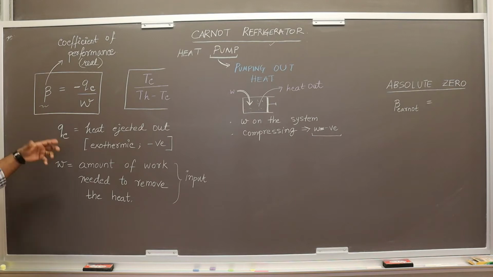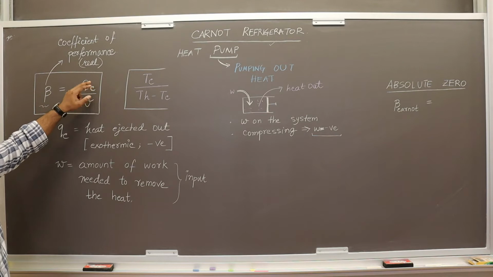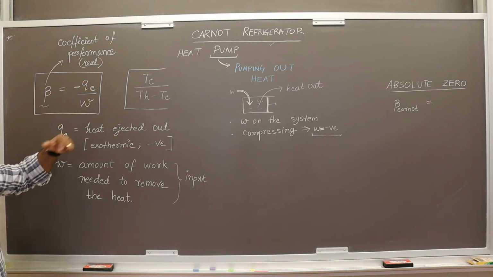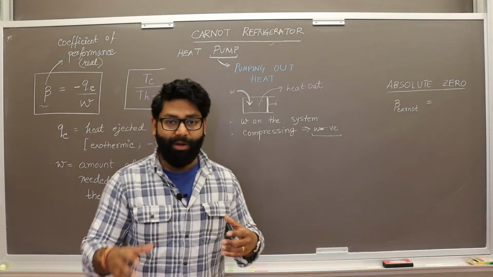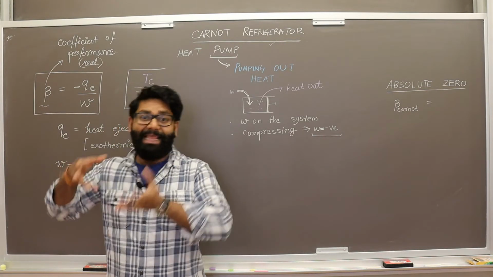In the case of the heat engine, you saw that QH was in the denominator, and the amount of work that you were getting was in the numerator. Why? Because in the case of the heat engine, you were giving in heat.